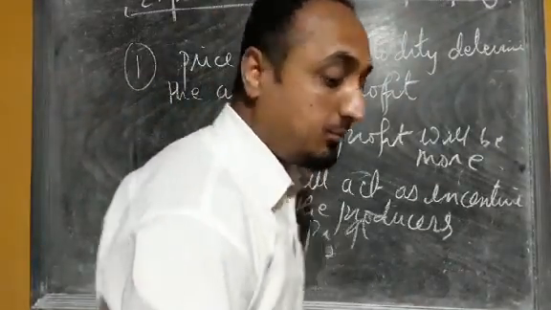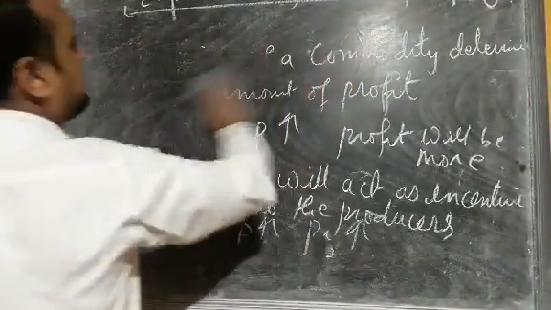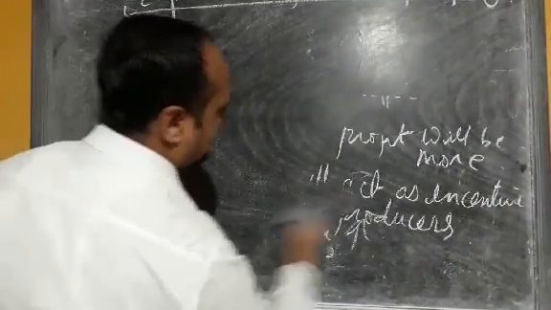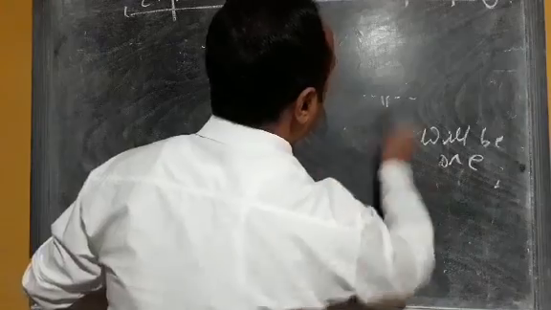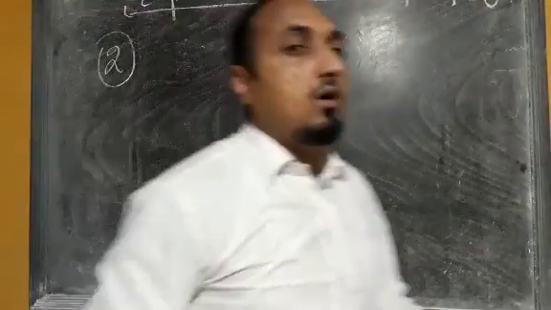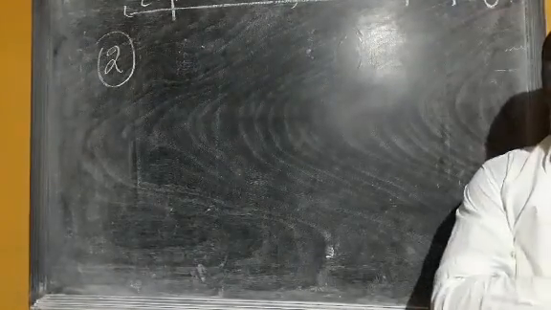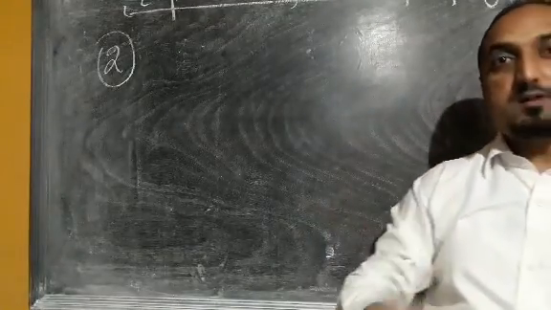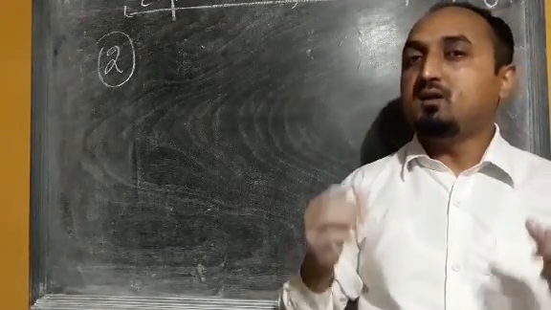Now the second explanation is that when the price of a commodity is high, we know that the profit margin will be more.